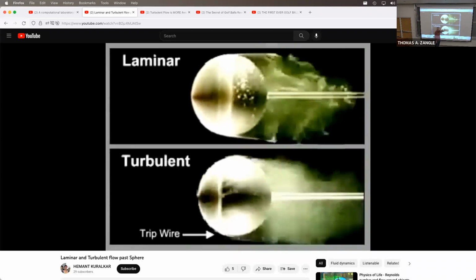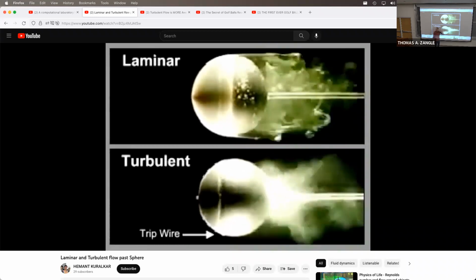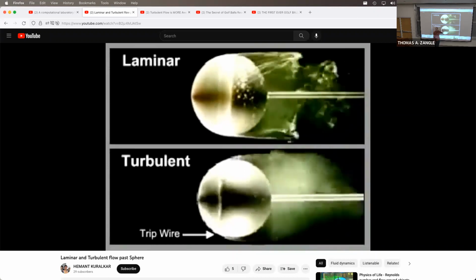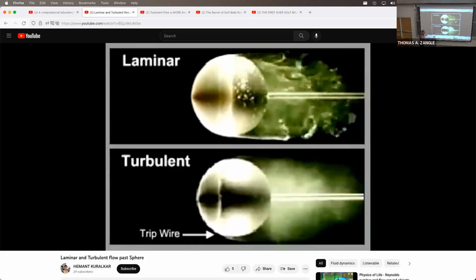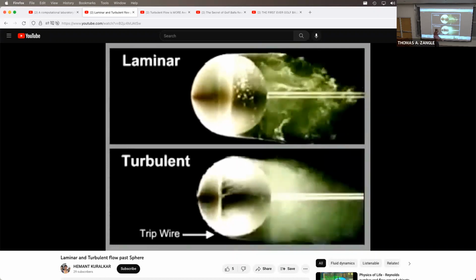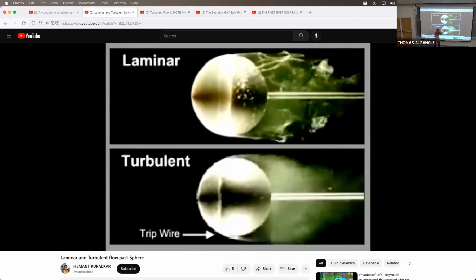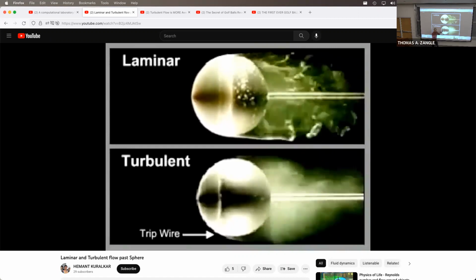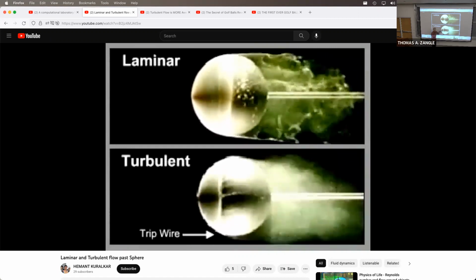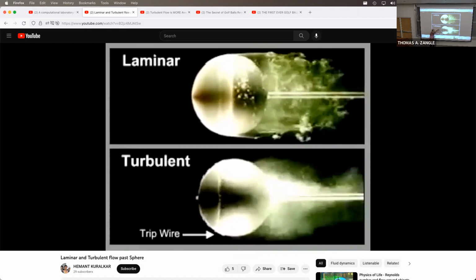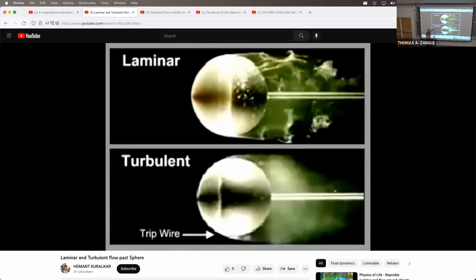But in more complex objects like a sphere, there's another component to drag, and it can be incredibly important. For a sphere, it's a dominant effect. And that's called the wake drag. So if we look at the pressure over this object, we'll see that the flow is coming in at the free stream velocity.